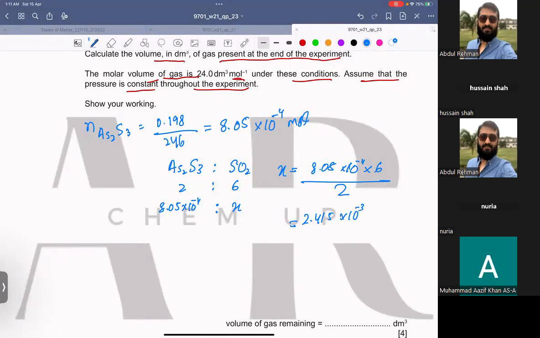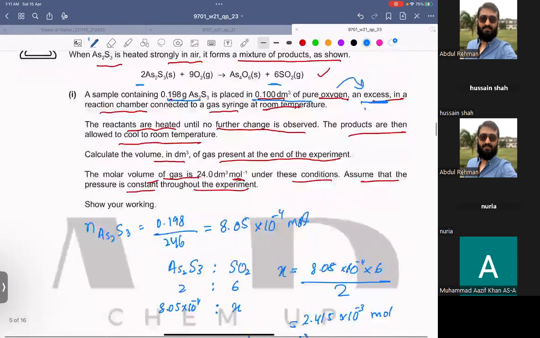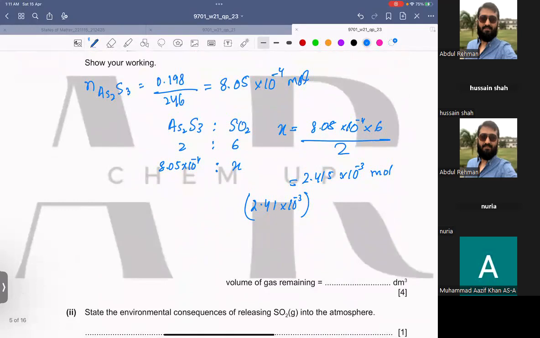So if I multiply these moles with 24 dm cube, I get the volume.